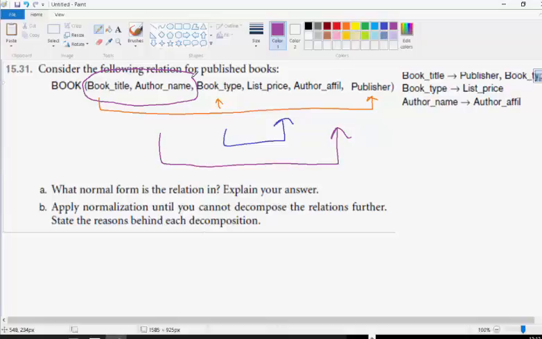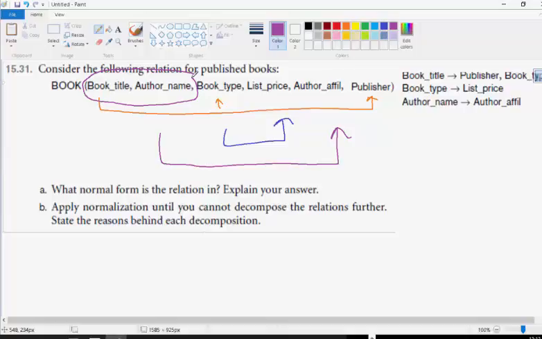From the type, I can get to list price. That means that just starting from book title, I can get to three other things. But the only things left are author name and author affiliation.